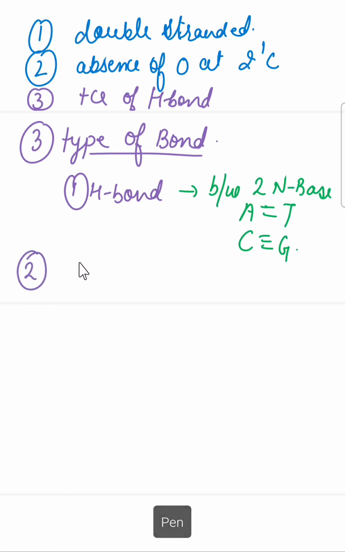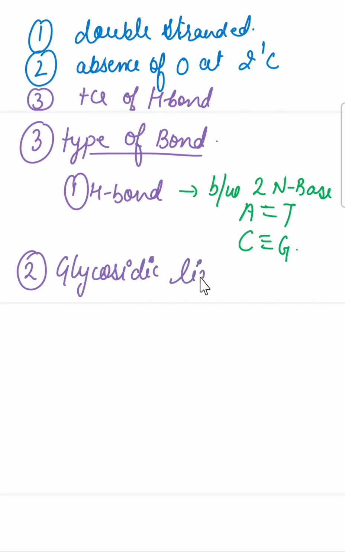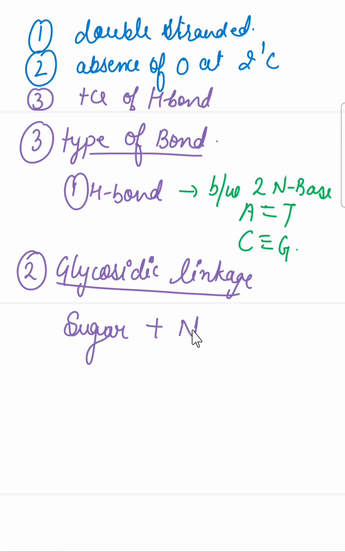Second one is the glycosidic linkage. The glycosidic bond is mainly for the sugar. The sugar is a pentose sugar, that is deoxyribose sugar. When joined together with the nitrogenous base, the linkage is said to be glycosidic linkage. And the third one is phosphodiester linkage.